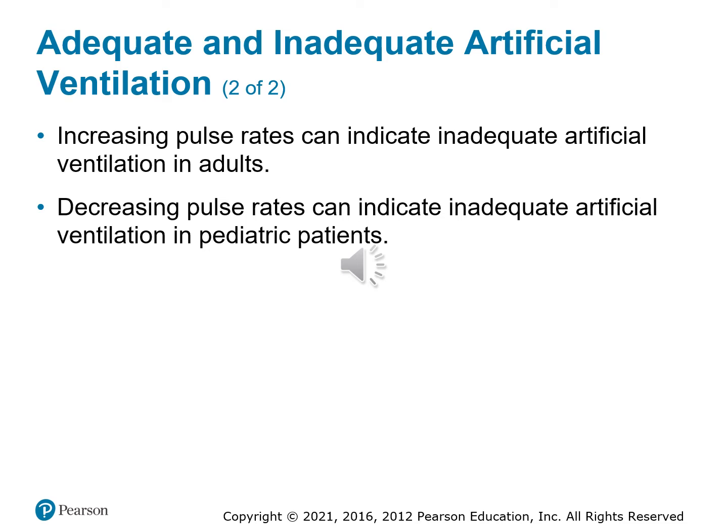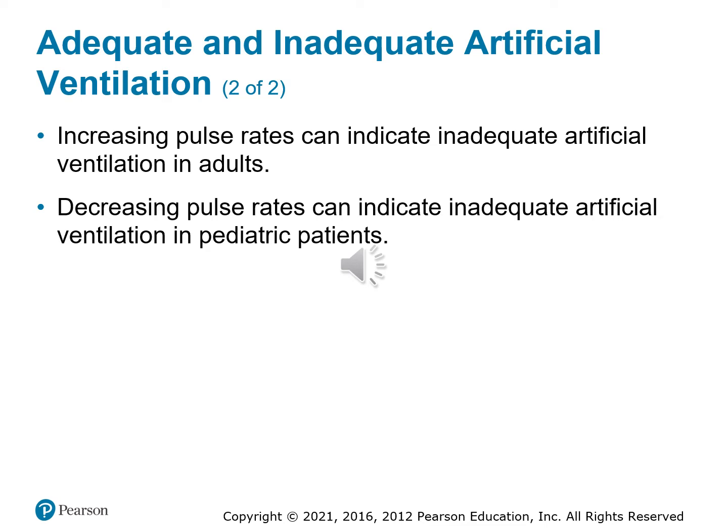We've talked about hypoperfusion before and signs of shock. So think about it. If the patient is not getting the oxygen into their body, they have inadequate breathing, we're likely to see an increased pulse rate. So even with our artificial ventilations, if we are not providing those fast enough, we're going to see that increased heart rate as the body is trying to compensate and get circulation increased in order to move that oxygen as quickly as possible.